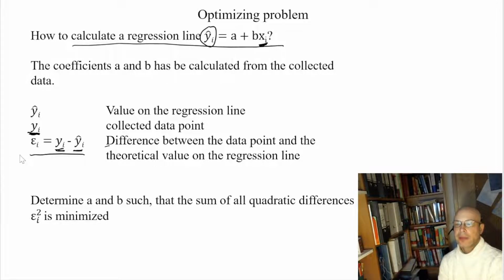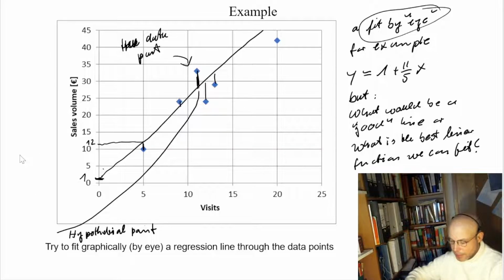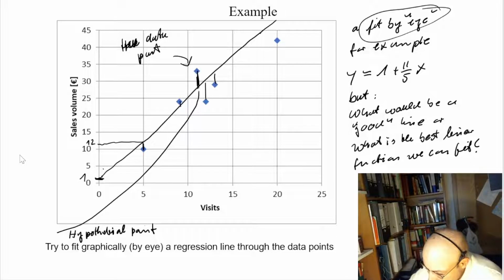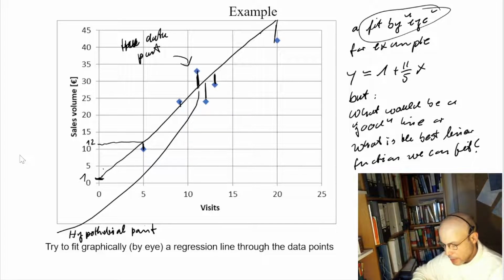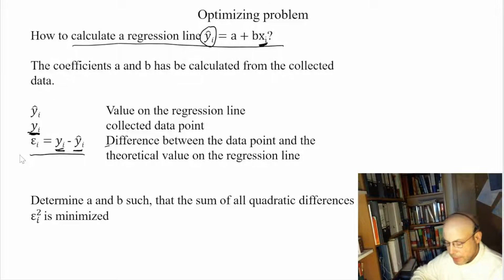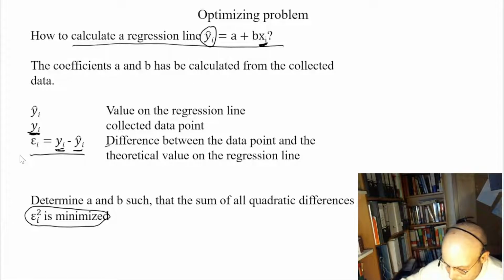And what linear regression is about is that we sum up all these distances and then minimize the sum of these squared distances.